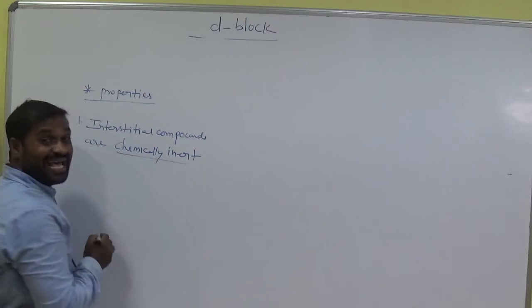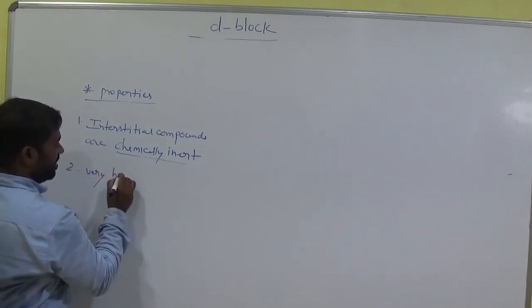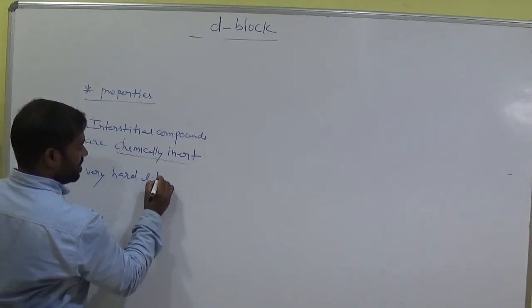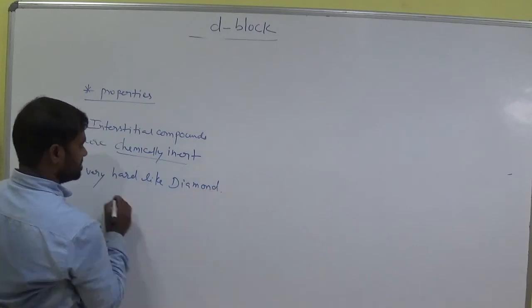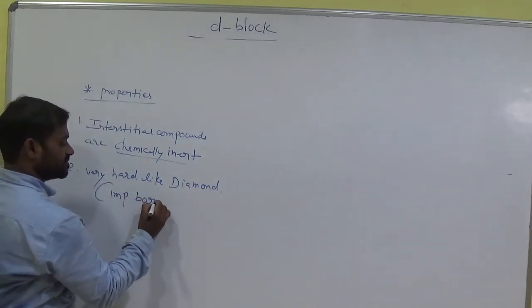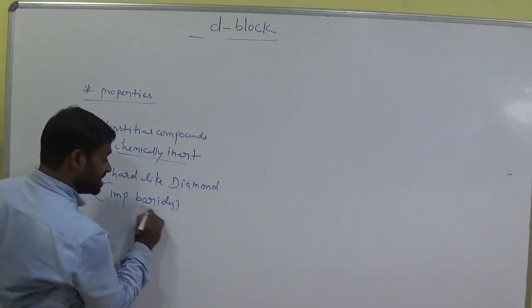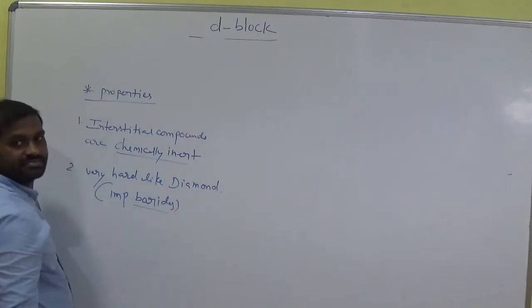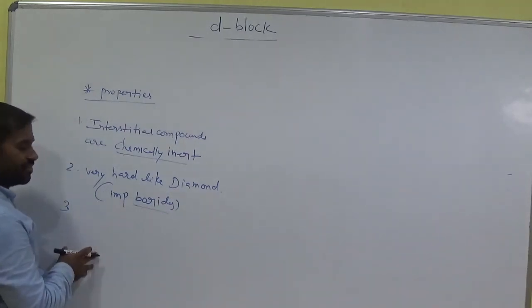Chemically inert means very less reactive. Okay, they are very hard, like diamond. Important, borides are very strong, and borides are interstitial compounds like diamond. Example, borides. It is an interstitial compound. Okay.